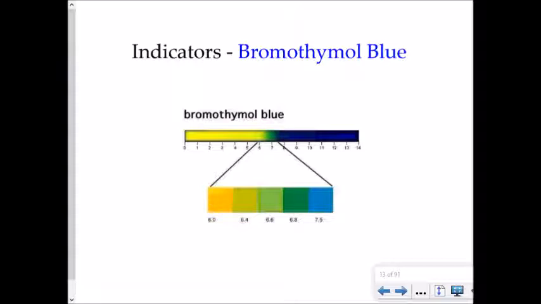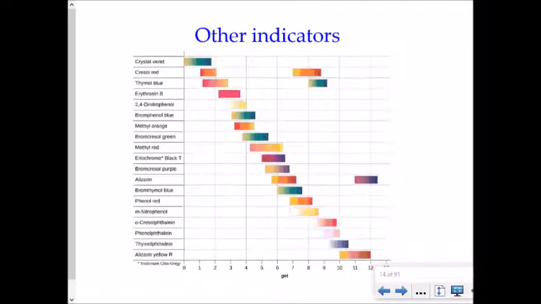So bromothymol blue is a good one that we like to use in those particular cases. But as you can see here, this is just one particular chart I found. There are so many indicators, and it shows you their colors and their changes.